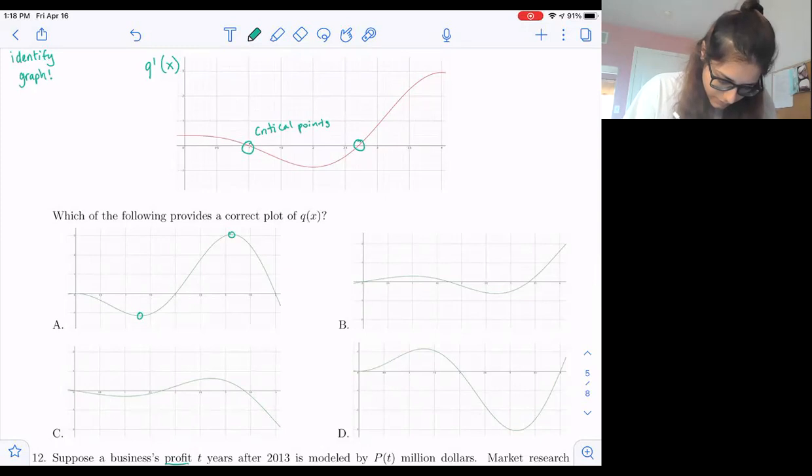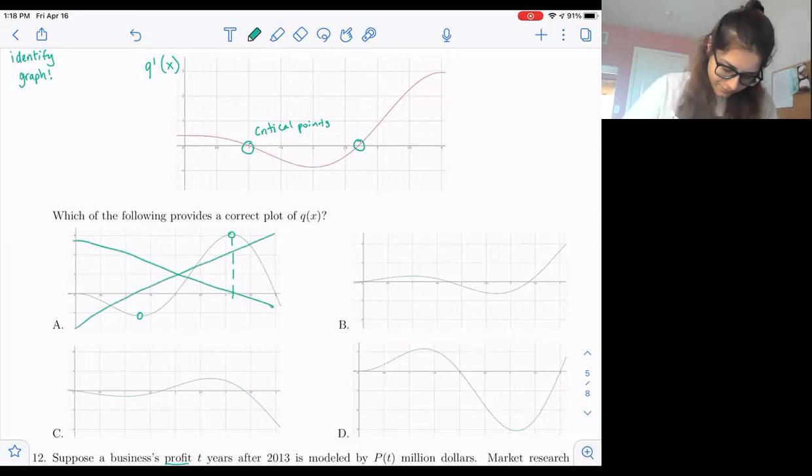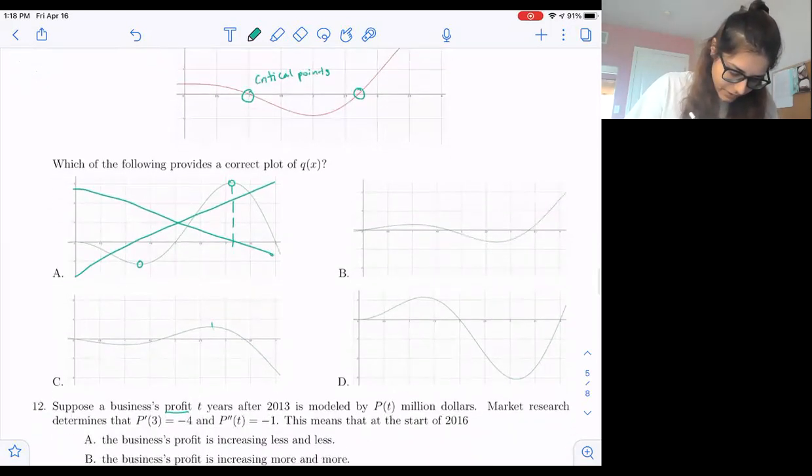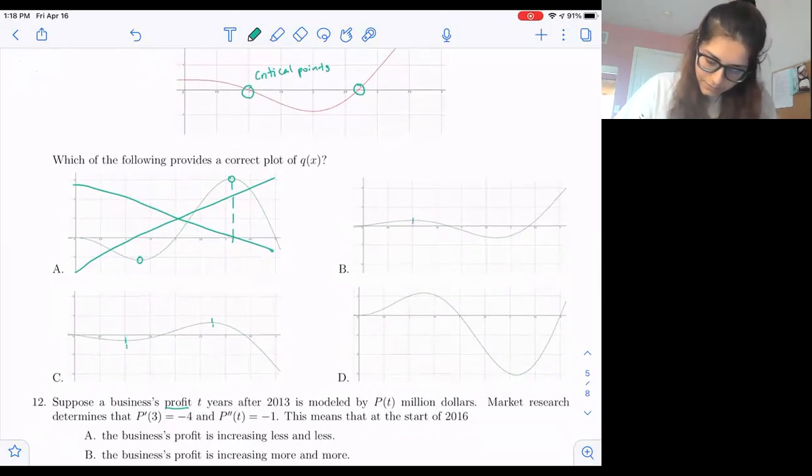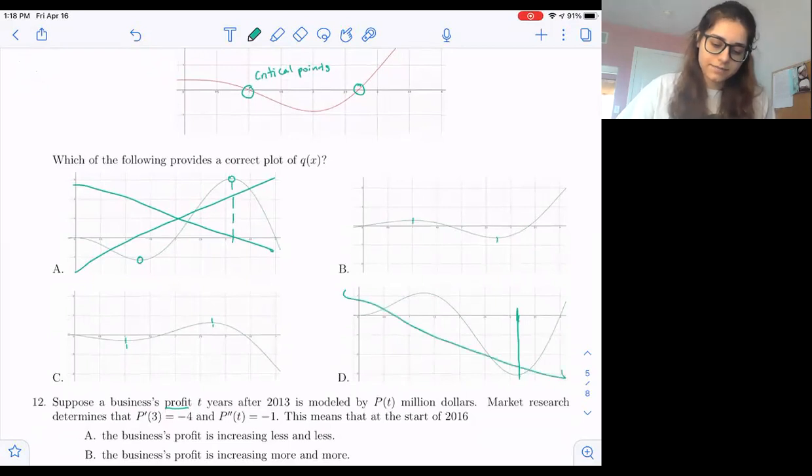That one is a maximum of above 3, so I know that one's wrong. Here, the maximum seems to line up and the minimum seems to mostly line up, so that one's fine. Here they line up again, that one's fine. Here they don't line up, this one's above 3 again, so I'm going to cross this one out.